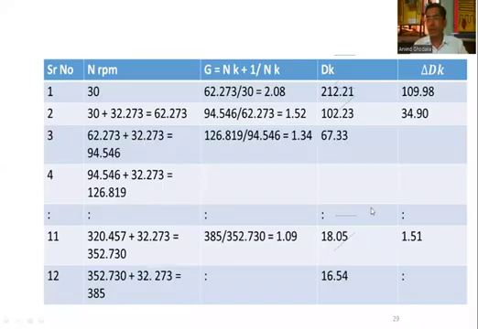So in this way, we are going to calculate the delta dk, that is the range of the diameter. By using the law of arithmetic progression, we get the different spindle speeds, the upper limit of diameter of the workpiece, and the range of the diameter of the workpiece.